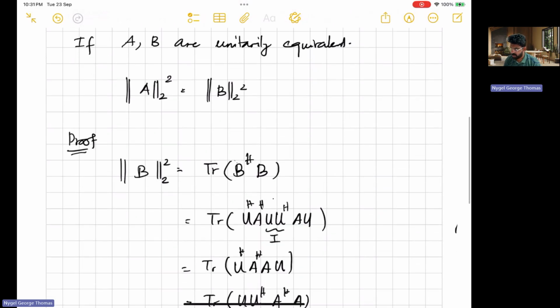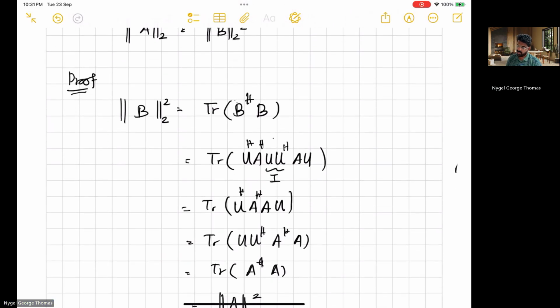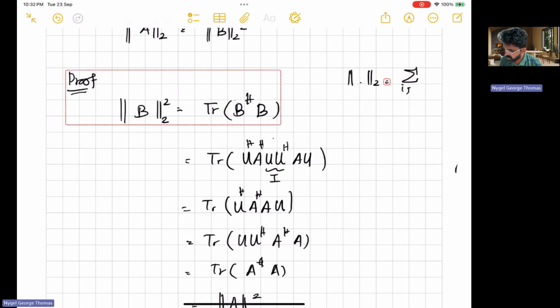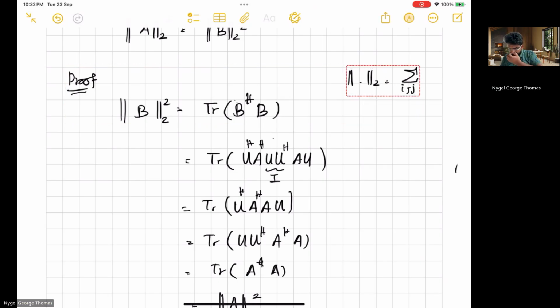What does this mean? So what is the Frobenius norm of B? Let's recollect. The Frobenius norm is the square root of the sum over all i, j equal to 1 to n of a_ij squared. Right, this is the Frobenius norm.